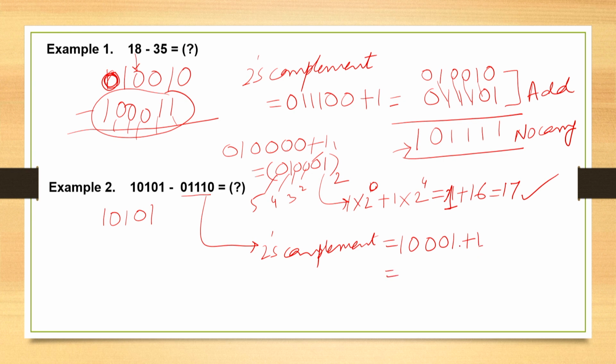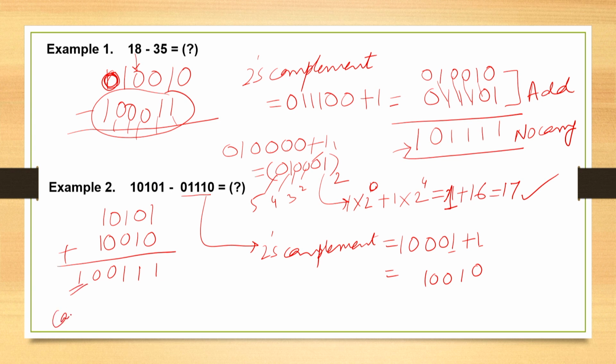Your 1 plus 1, 0, carry 1, 0, 0, 1. So this is your 1, 0, 0, 1, 0. So add it, 1, 0, 1, 0, 1 and 1, 0, 0, 1, 0. This way you get what? 1, 1, 0, 1, 1, 0.